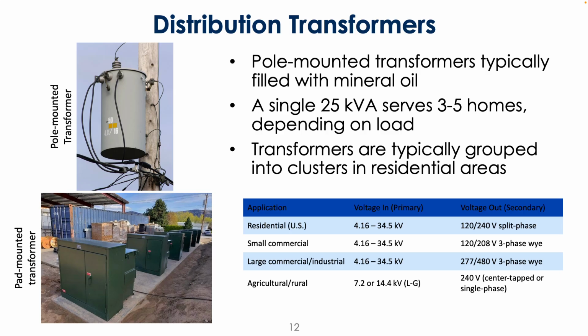Okay, we also have pad-mounted transformers. Those can be similar in function to the pole-mounted transformers. Oftentimes you have a little bit higher capacities for those guys. Yeah, so for transformers, typically the voltage in depends on where you are and the voltages on our primary voltage levels in our distribution system.